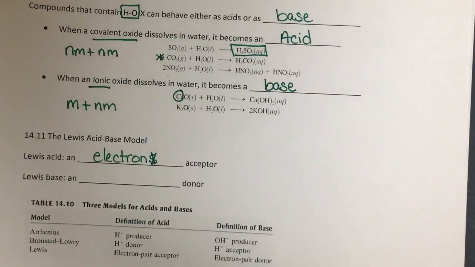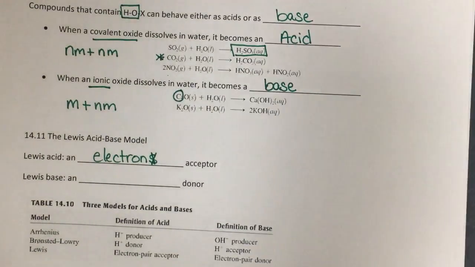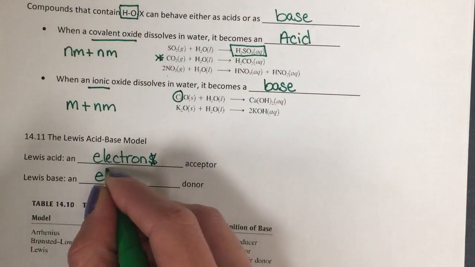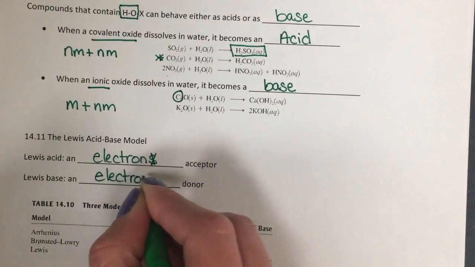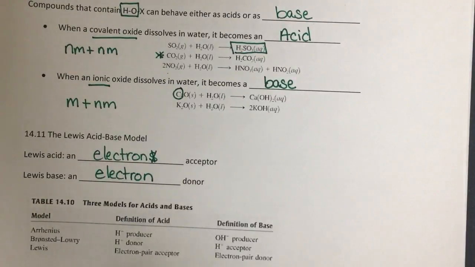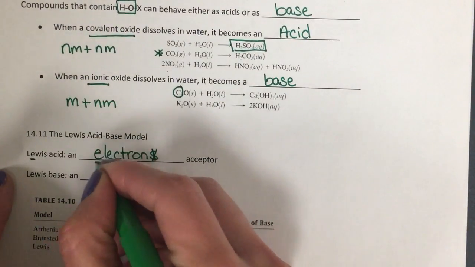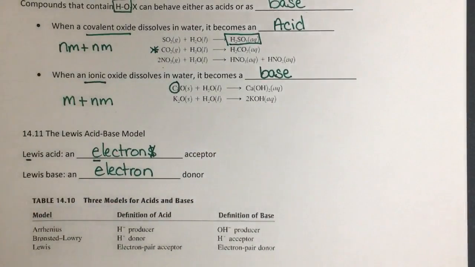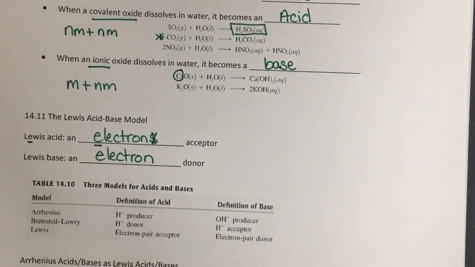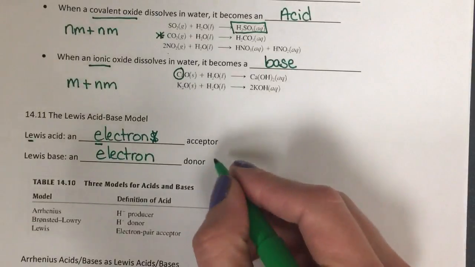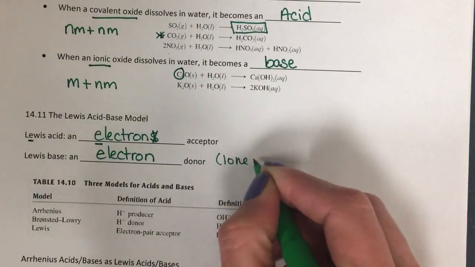That's it. Now a Lewis base in this case is going to be an electron donor. So Lewis, and the way I remember it, Lewis has an E for electrons. So a Lewis base is going to donate those electrons, which means it usually has a lone pair.